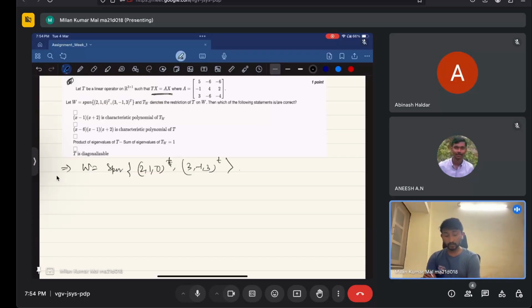The characteristic polynomial of T_W is given by this. The characteristic polynomial is given in terms of the product of the eigenvalues and the sum of the eigenvalues. So let's first find the eigenvalues of this matrix.